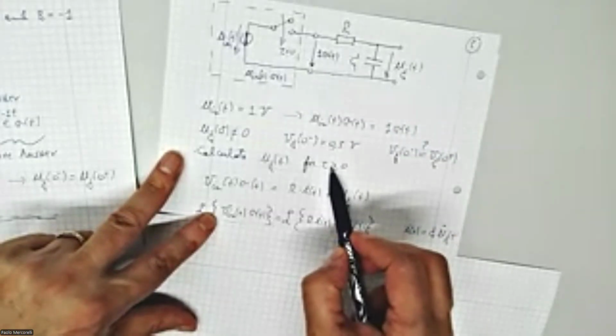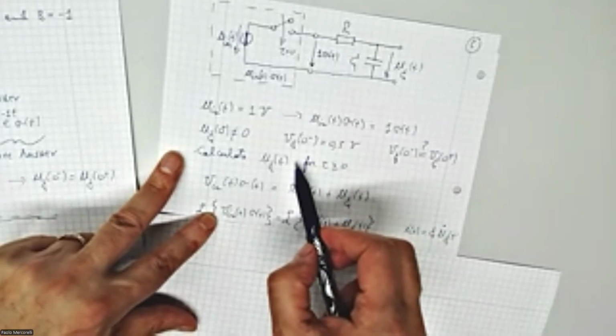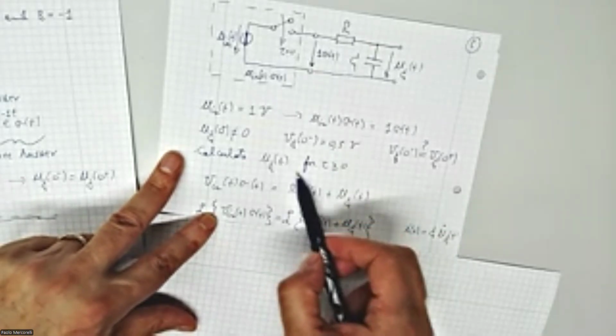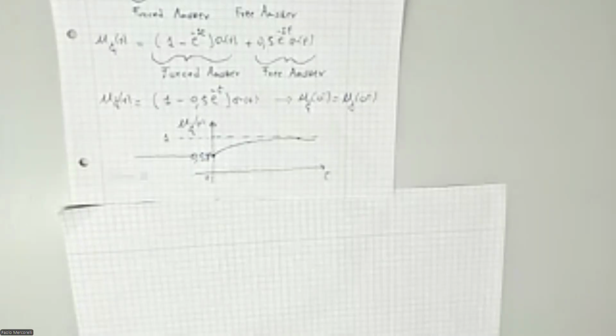I don't know, probably I forgot to tell you explicitly, but it's here. But it was always here also in the example last week in time. Now, as I told you, in Laplace we don't have to distinguish at the beginning between 0 minus and 0 plus. It is a little bit implicit inside S, because the Laplace freezes the time. The time disappeared, it is inside the definition of Laplace.